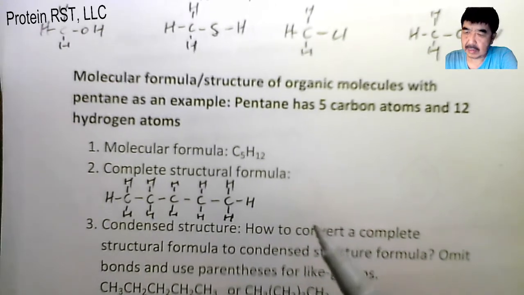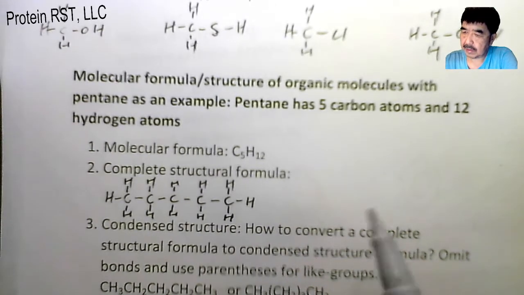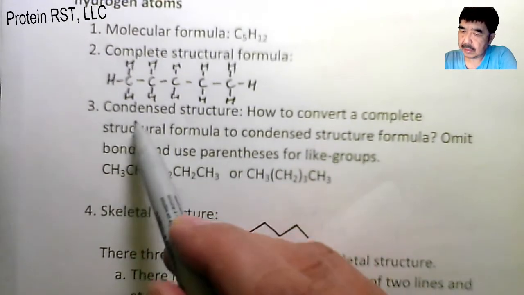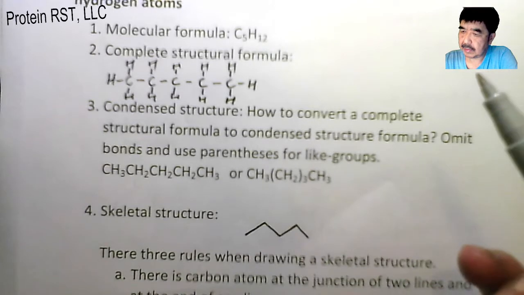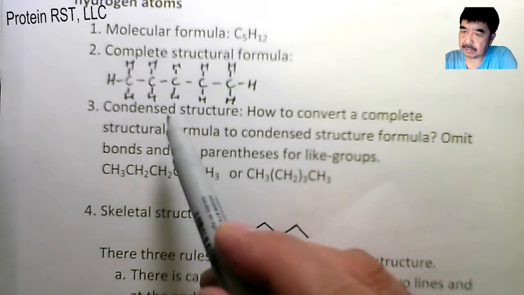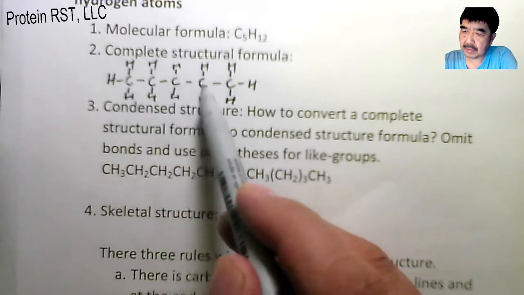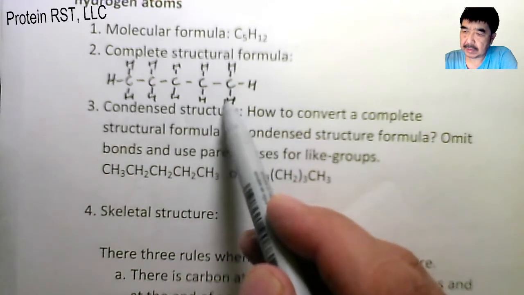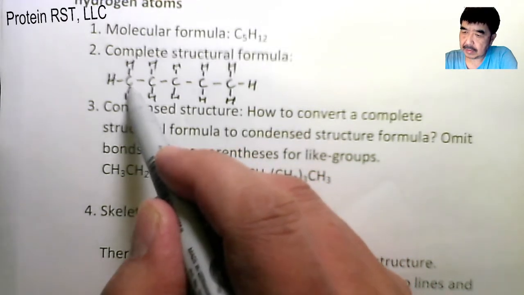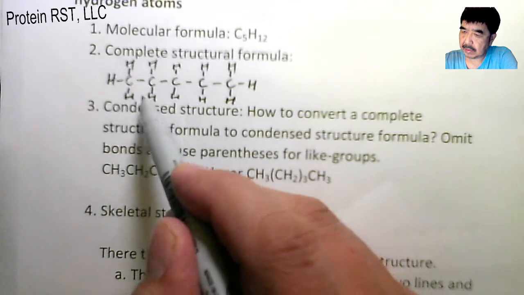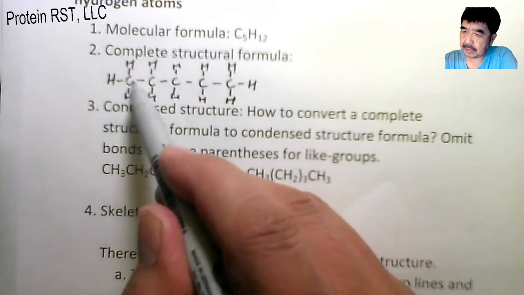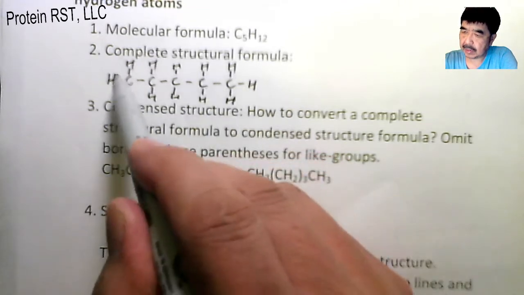This structural formula can be condensed into condensed structures. In condensed structures, we simply remove all the solid lines, those bonds, and write down all the carbons and the hydrogens.